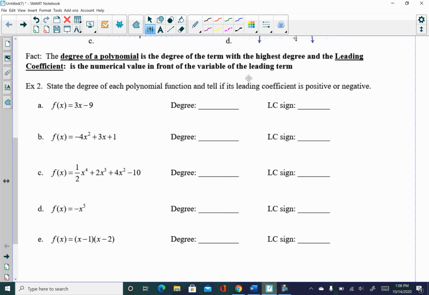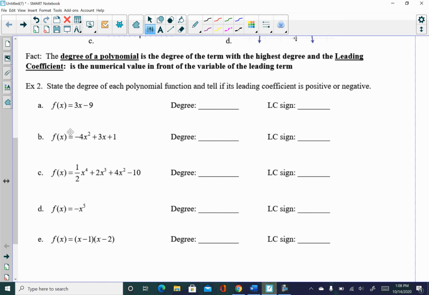So you'll notice here, if we move on down here to example 2, all of these are examples of polynomials. They want us to state the degree of the polynomial and then tell if the leading coefficient is positive or negative. One thing that I'll go ahead and point out to you, in letters A through D here, if you notice, these polynomials are in what we refer to as descending order according to the variable.